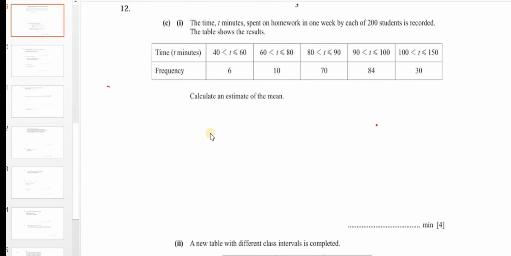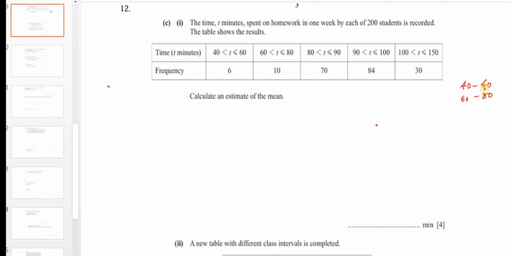In statistics, the presentation of the question is different. Even though the mode of solving the question is the same, the presentation of the question in the two curricula differs. In the Cambridge exam, the group data class interval is presented using inequality, unlike in WAEC, where the class interval is presented using an interval, let's say from 40 to 60, then 60 to 80, and so on.